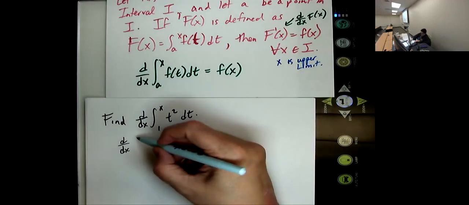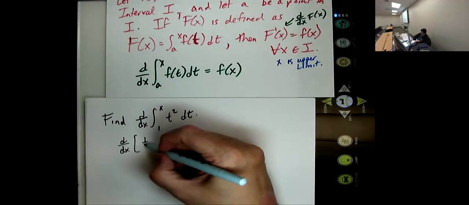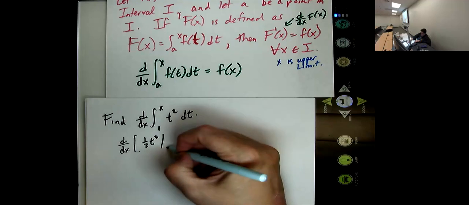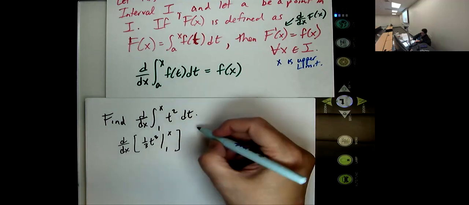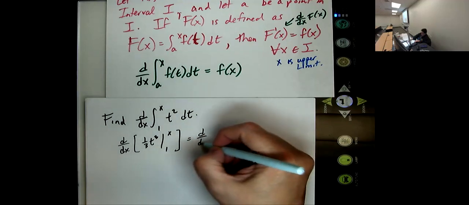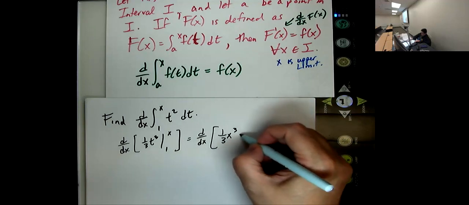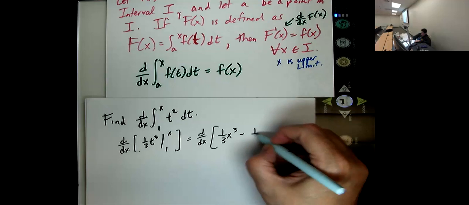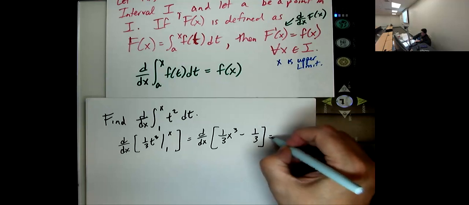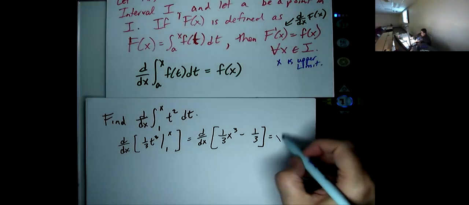If I integrate that, that is 1/3 t cubed evaluated from 1 to x, which is d dx of 1/3 x cubed minus 1/3. And I take the derivative here and I just end up with x squared.